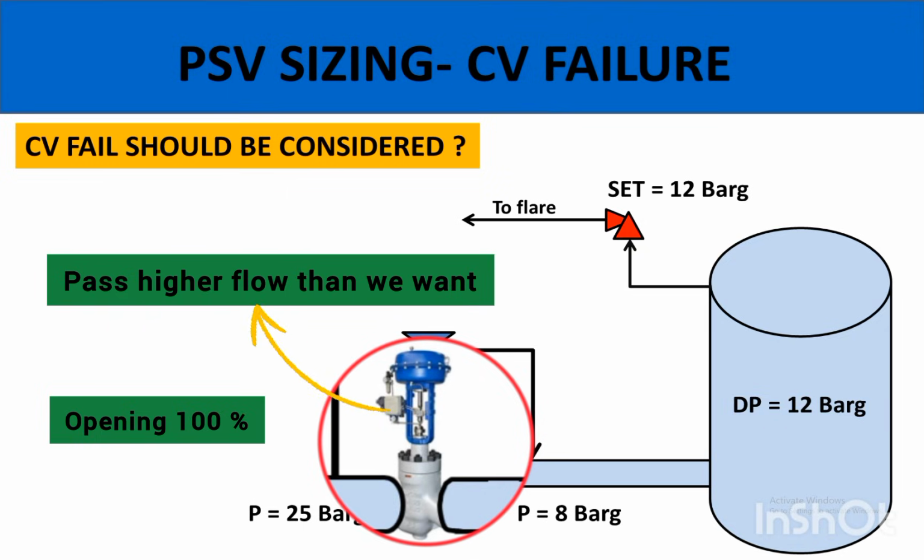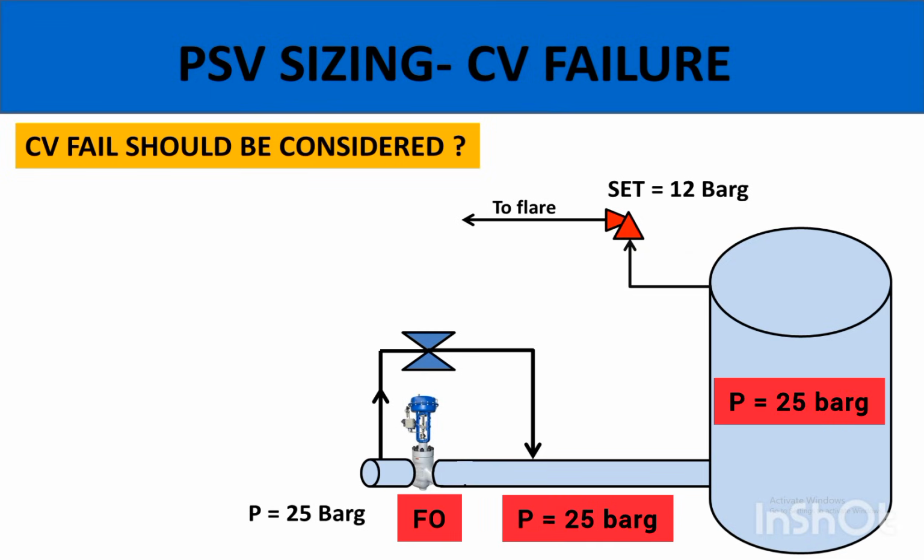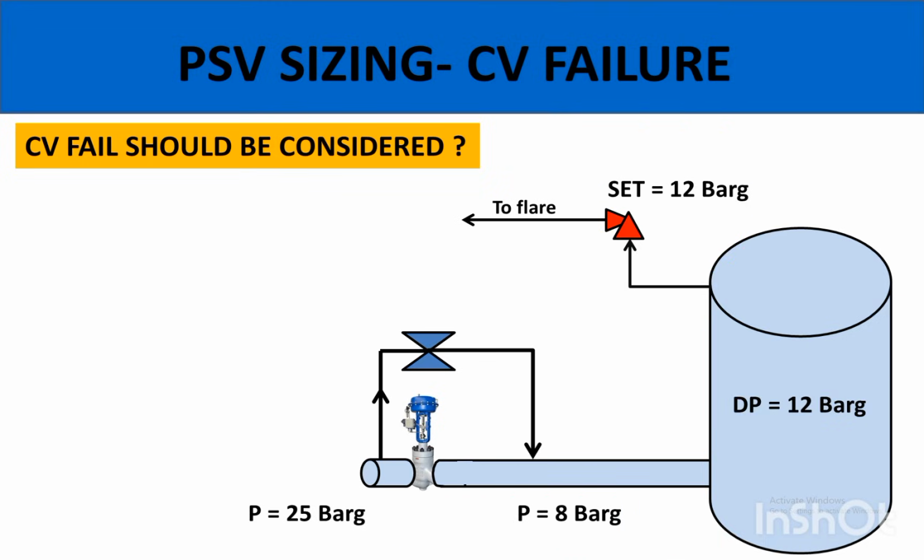And this 25 bar gauge upstream pressure, or high pressure side of the control valve, can pressurize the vessel at the downstream. The pressure of the downstream vessel reaches 25 bar gauge, while the set pressure of the PSV is only 12 bar gauge. So we need to consider the control valve failure scenario in such cases.